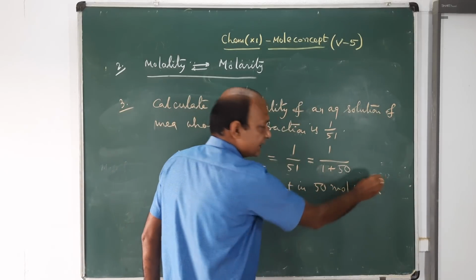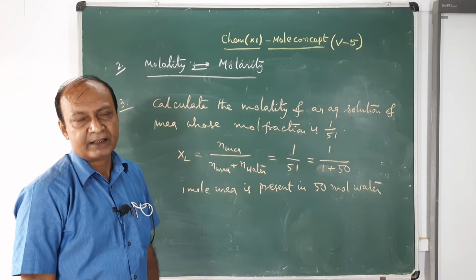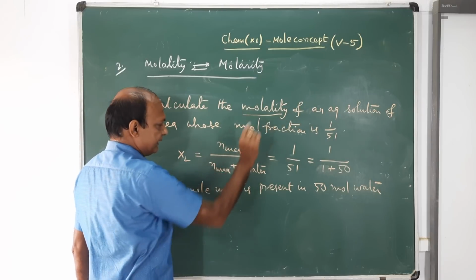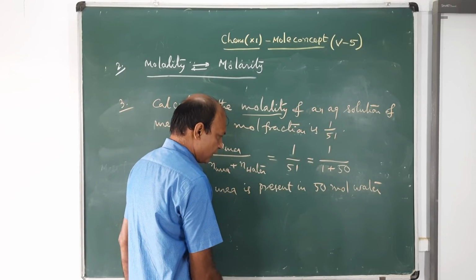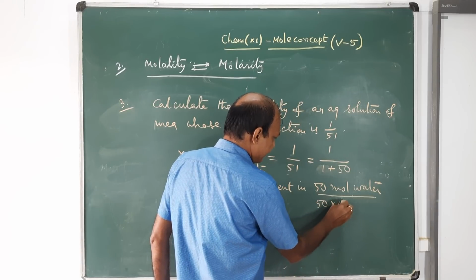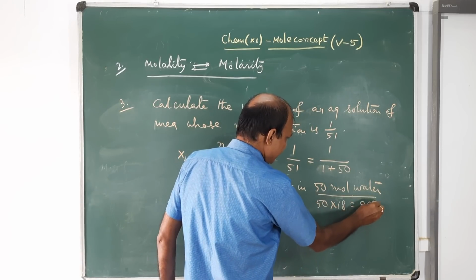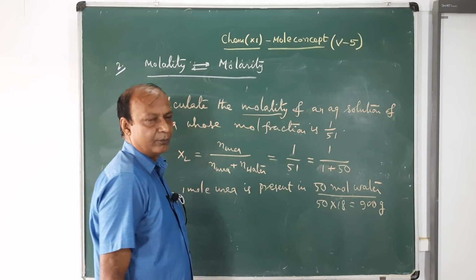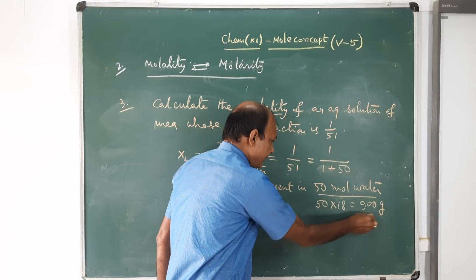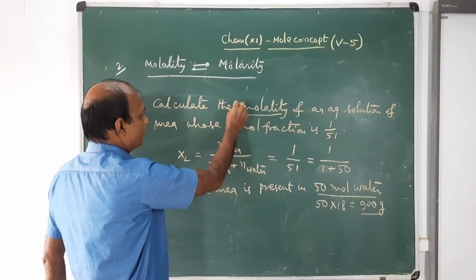Now if you see their masses, because you have to find the molality, you have to know the mass of water. 50 mole water, 50 into 18, this is equal to 900 gram. This is the mass of water. Therefore, you have to find molality.